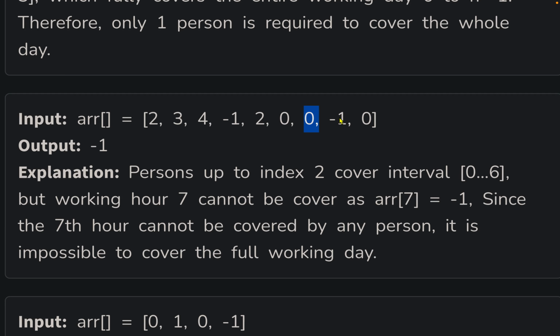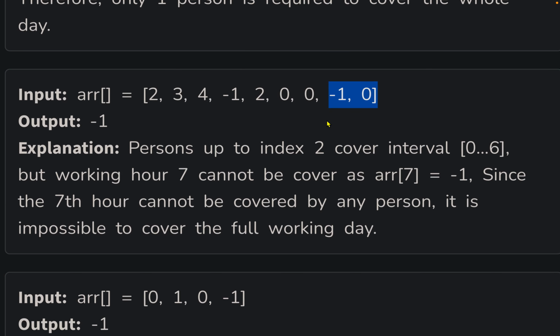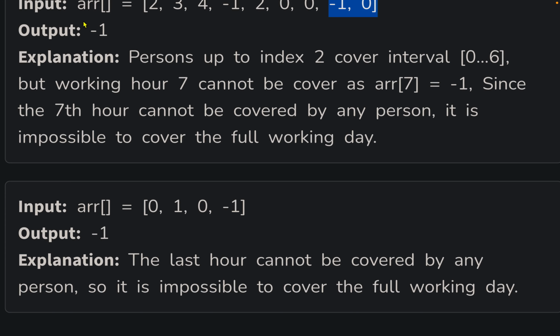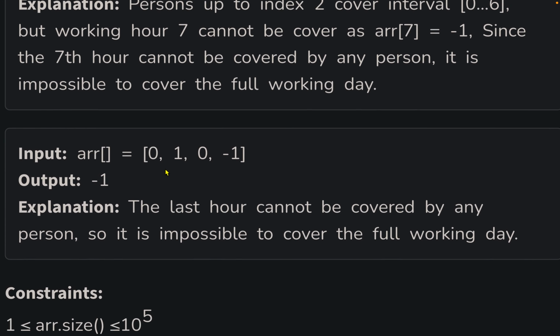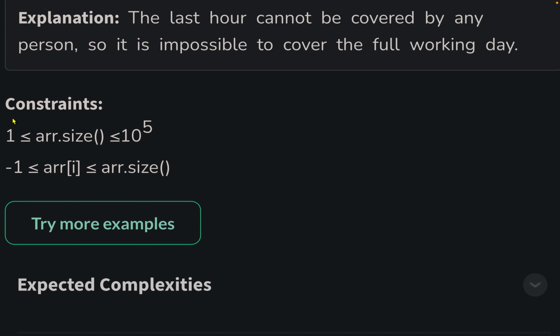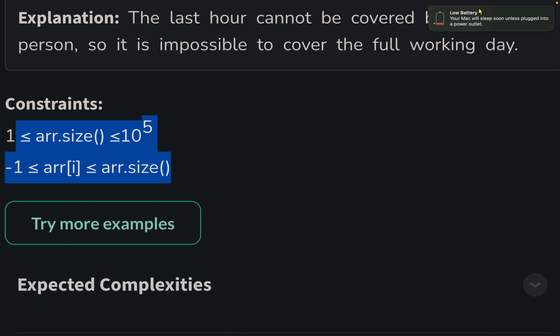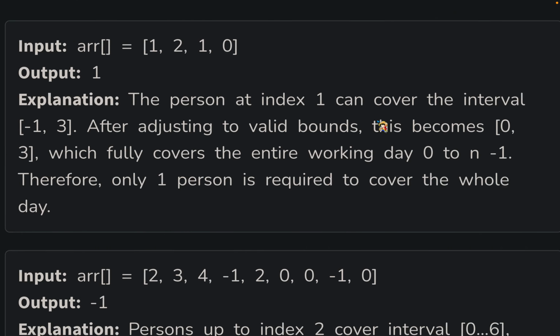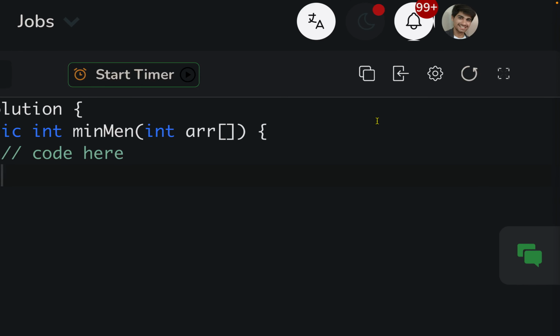Beyond this point, there is no way you can cover n-1 and n-2, the last two. So that's why -1. Similarly, -1 here as well, because you can cover these positions, but you cannot cover the last one. So we have been provided with a few constraints, and let's see how we can go ahead with this one.